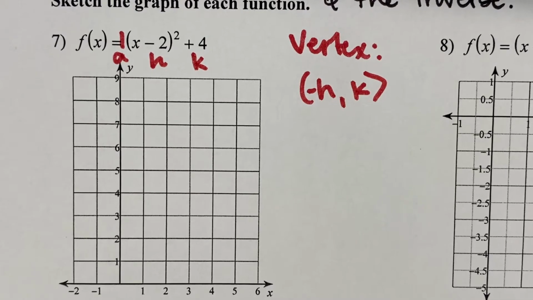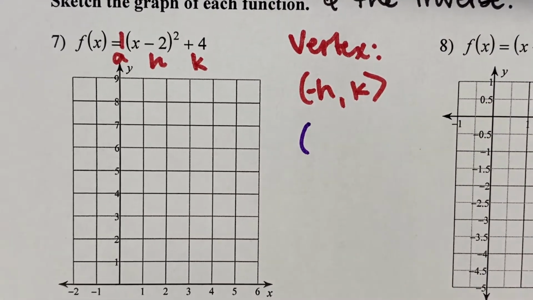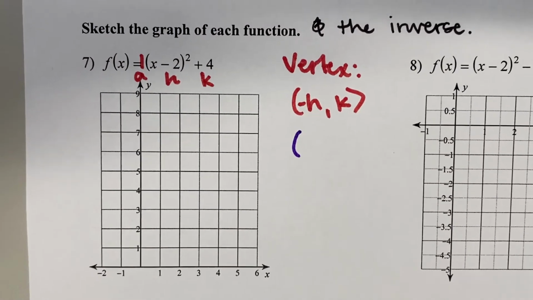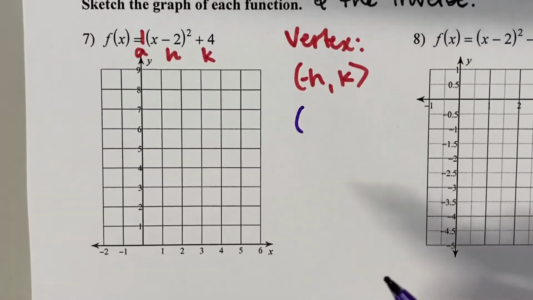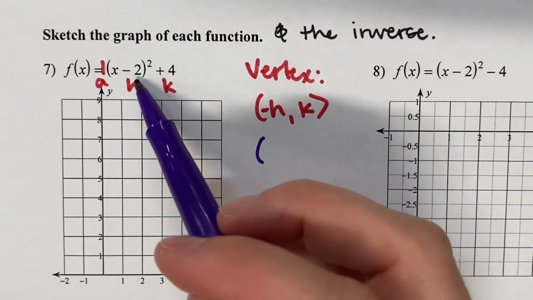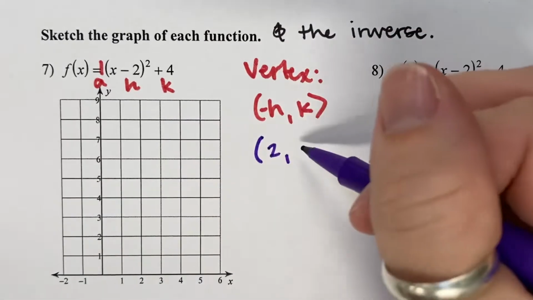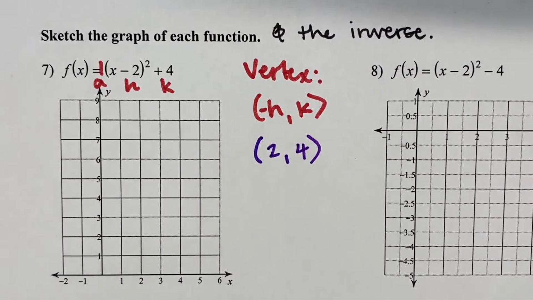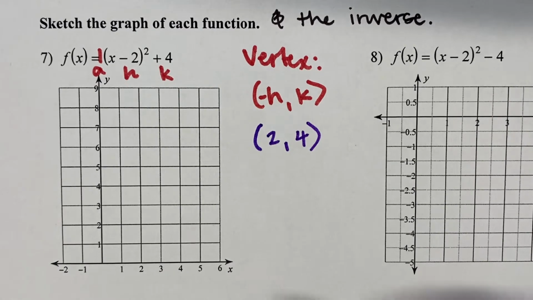Okay, so from here, we can identify our vertex for our original equation. Let me just zoom out a little bit. Okay, so our vertex, stop shaking, okay. Change the sign on the h, so this was -2, it becomes +2. Keep the sign on the k, so our vertex is 2, 4. Okay, so let's go ahead and put that on our graph.